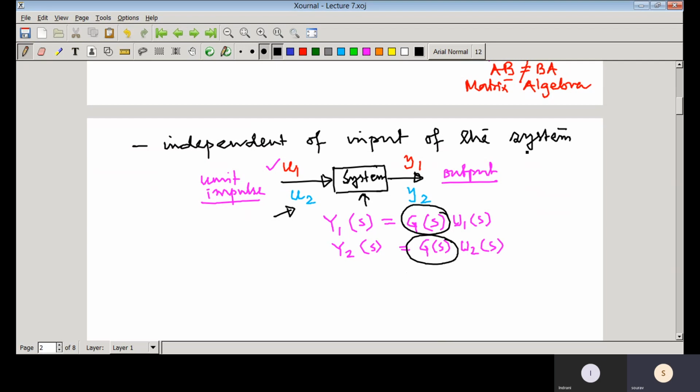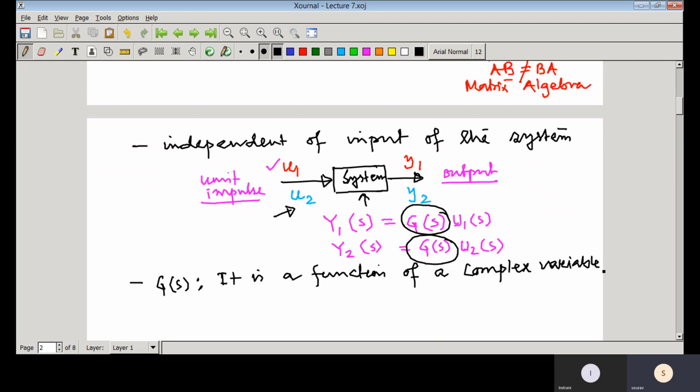And the transfer function, that is G(s). This is actually a function of a complex variable s.